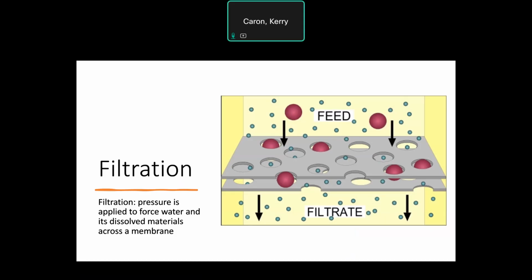Okay, filtration is also a passive transport, but pressure is sometimes applied to force water or dissolved molecules across the membrane. So rather than diffusion or facilitated diffusion, where it's just kind of floating, this has some pressure applied to it in filtration.